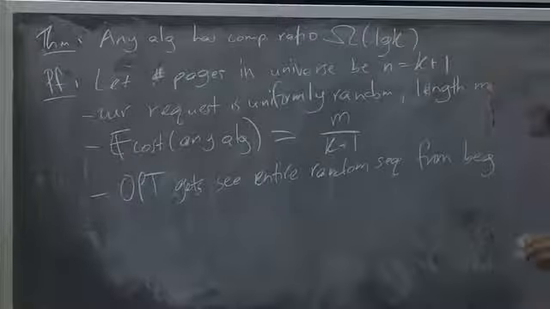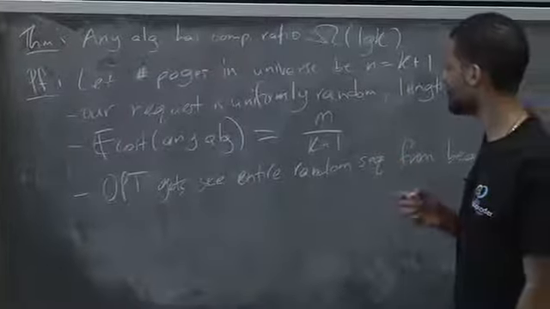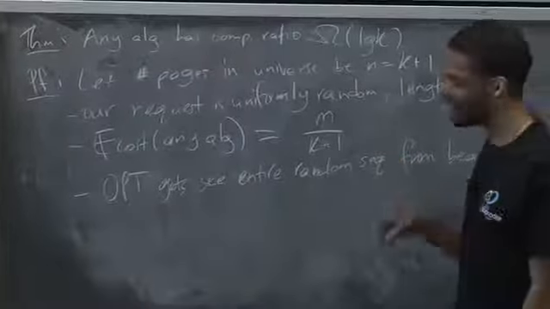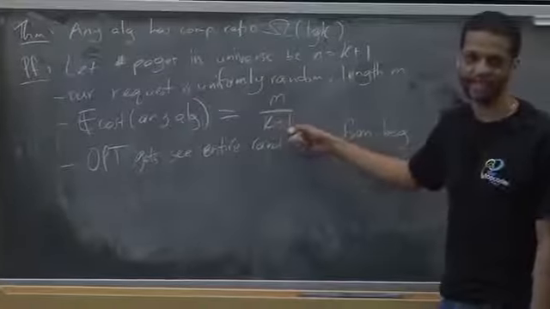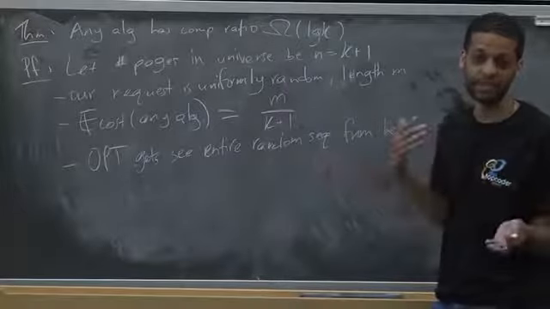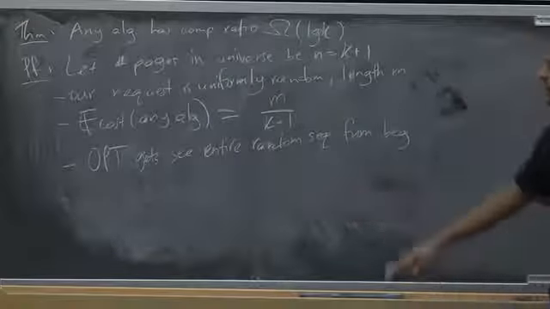Or maybe the right way to think about this is, what I really showed is that for any algorithm, no matter what your algorithm is, there exists a request sequence of length m such that your algorithm will pay this on that sequence. So there's actually one sequence which will trip up your algorithm. In particular, a random sequence is expected to, so there exists a sequence which will. So for any algorithm, there is a length m sequence which will trip up your algorithm and make it pay this.